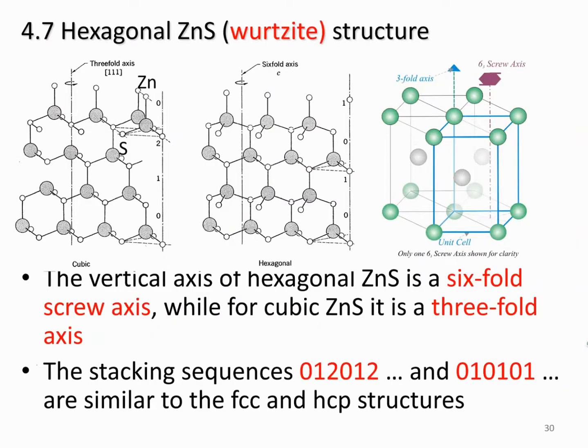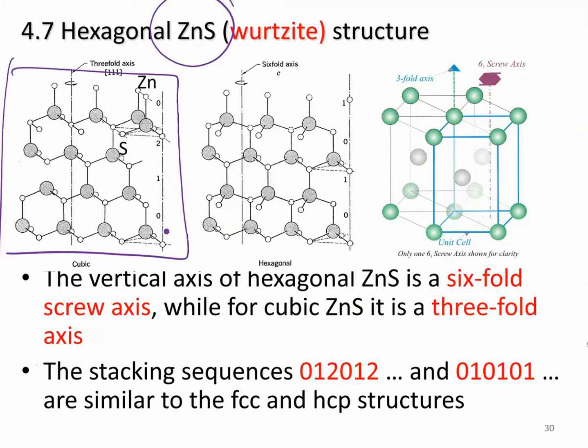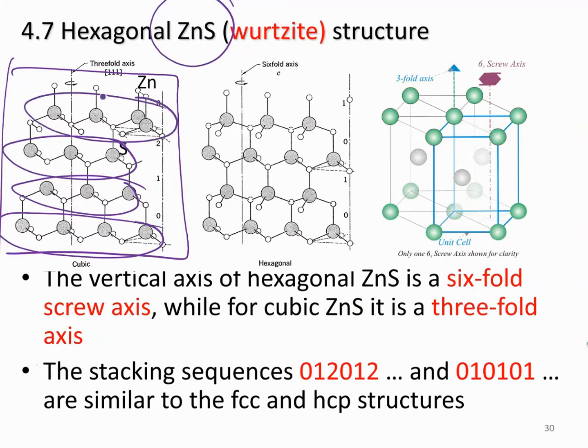Okay, this is about the polymorph. For zinc sulfide, when you crystallize it, it can have different arrangements. The first arrangement is arranged in this way. So we get layer 0, layer 1, layer 2, layer 0.